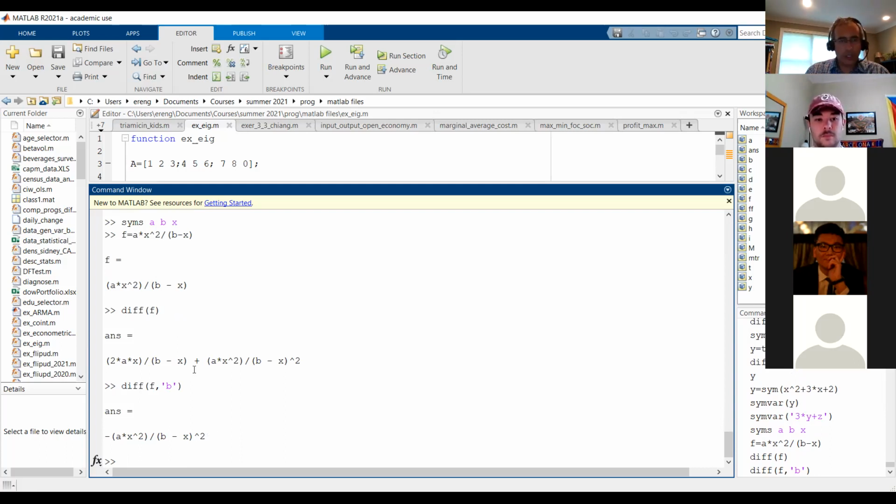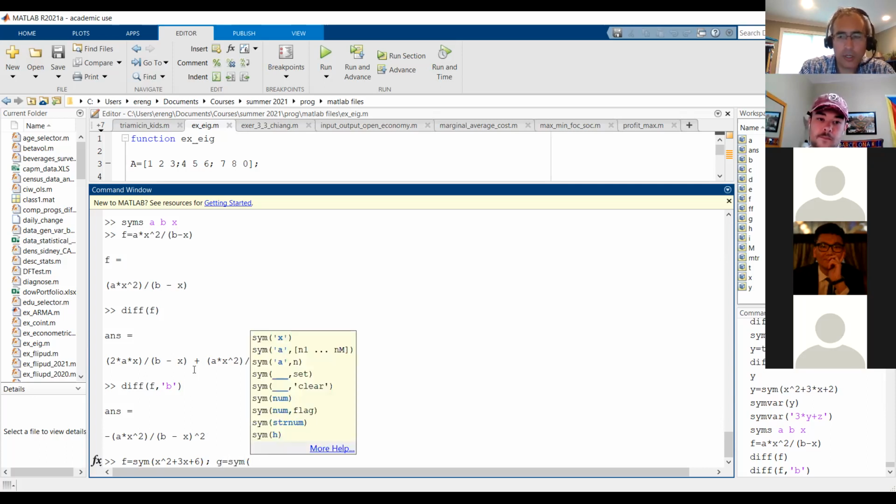Okay, so let's do some algebraic operations. Oh, I need to define my syms. Yeah, well, I can define this here: f is x squared plus 3x plus 6, and I will define g, another syms, that is going to be 3x squared minus 4 times x plus 5.